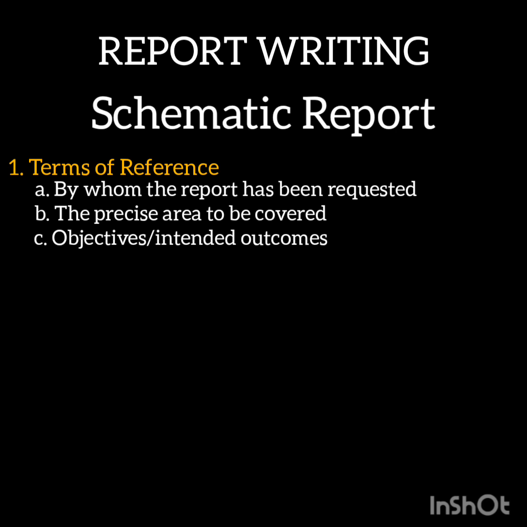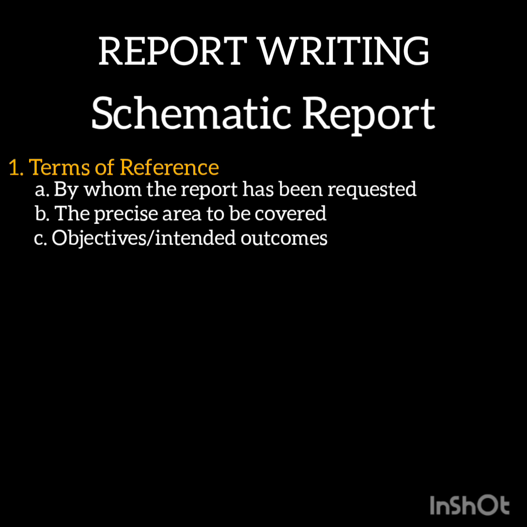So you can see that the report has been requested by the Permanent Secretary in the Ministry of Education, and the precise area to be covered is the availability or non-availability of masks in schools, and its intended outcome is that a recommendation should be made to the Minister of General Education to take action. So those are the terms of reference.